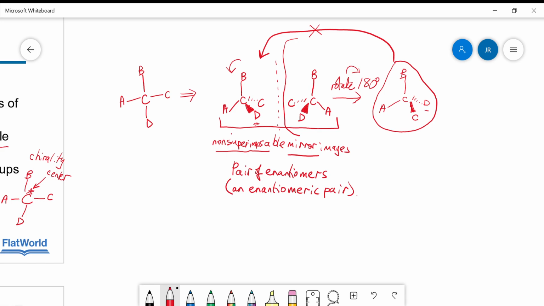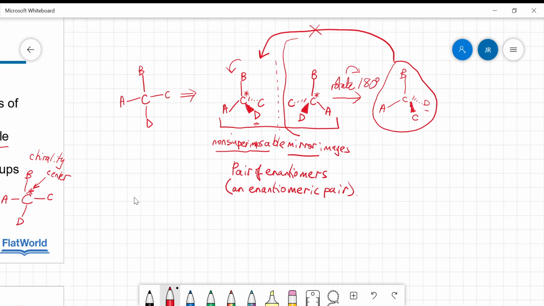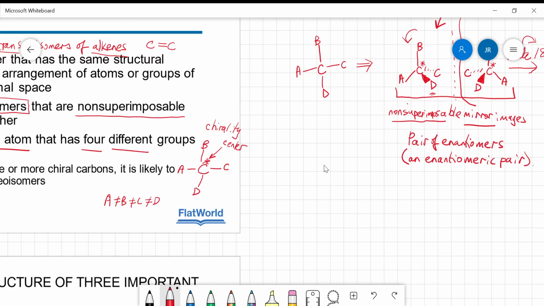We have an enantiomeric pair. That means these central carbons are chirality centers. Okay, so that's probably enough of an aside to make us dangerous enough to be useful. So let's go back to our next slide.